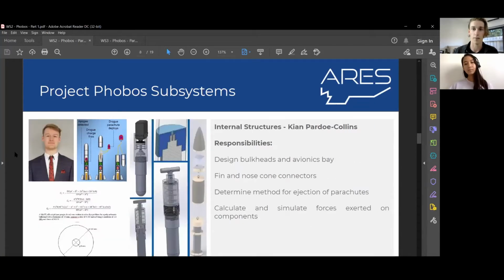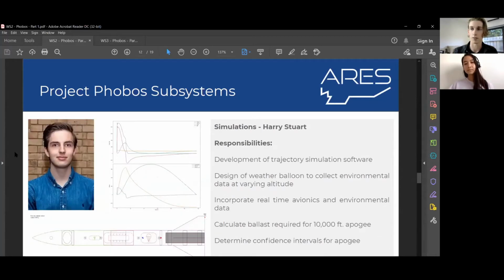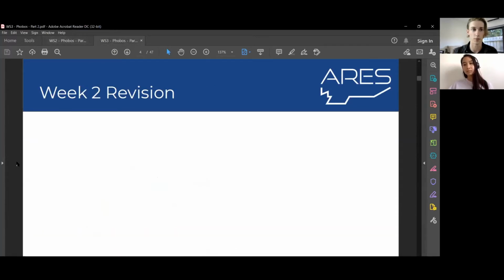We have internal structures, which is anything inside mechanically. We have the avionics and payload, so all the electronics, including any electronics going inside the payload. And on the software side, we have the simulations team, which uses the OpenRocket software that we mentioned earlier. So that's a quick revision for week 2, but we've got so much stuff to go through.